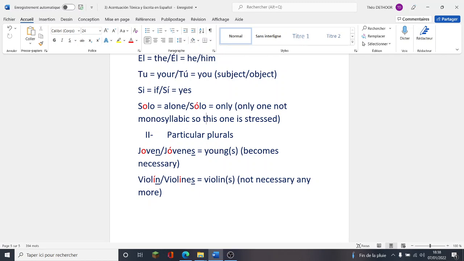So if you have understood the beginning of the video about words and the pronouns, enclisis, and things like that, particular plurals won't be that big of a deal for you, because basically it's the same mechanics. In some particular words, when you're putting the plural version of them, you're adding one syllable because the word is ending with a consonant.